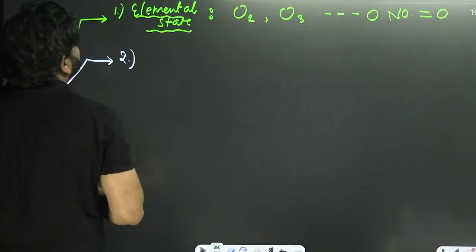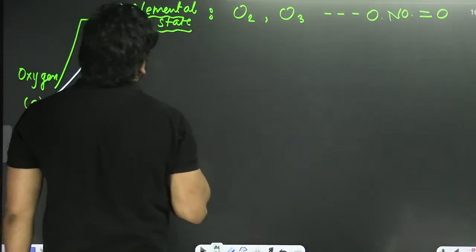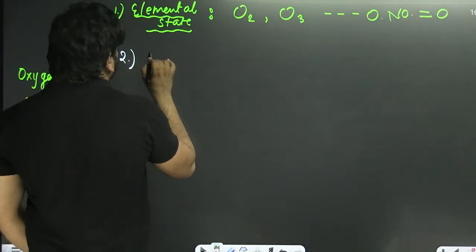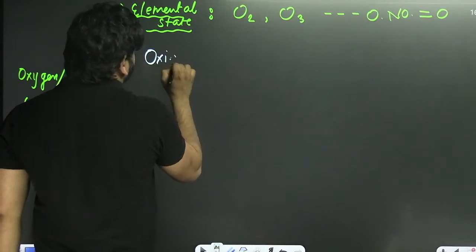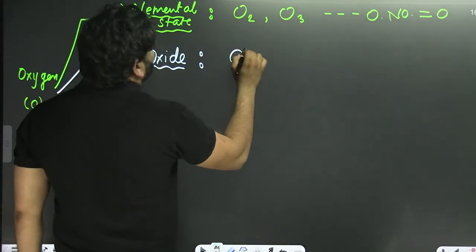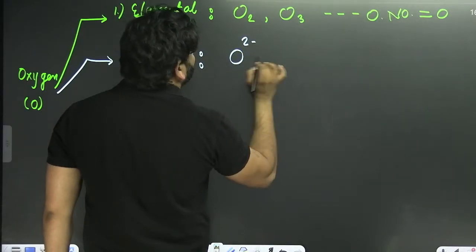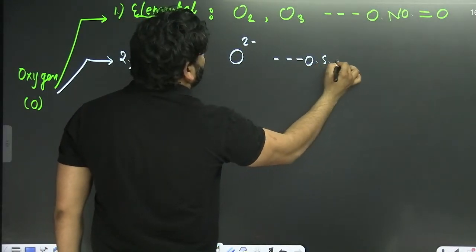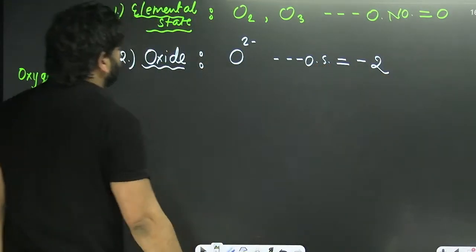Second case, let us say oxygen is there in the form of oxide. This is called a normal oxide, and it looks like this, O2-. Then its oxidation state will be what? Minus 2.